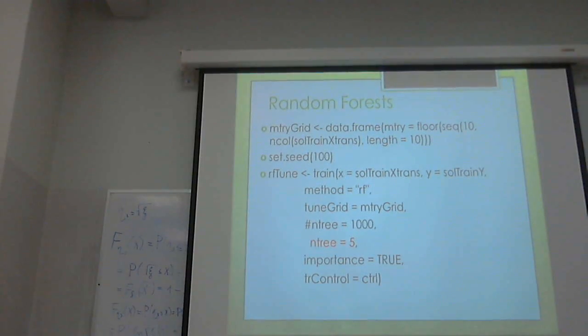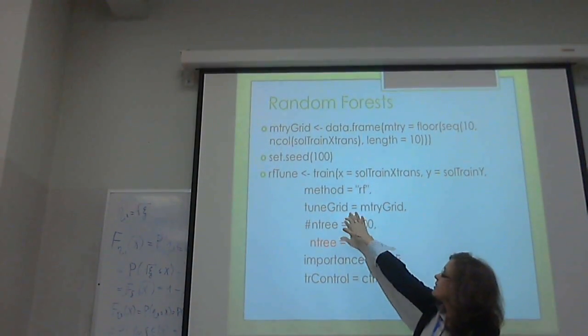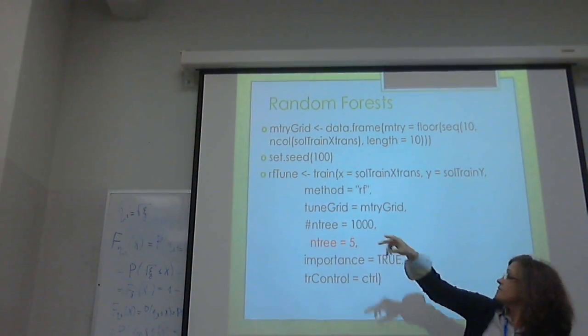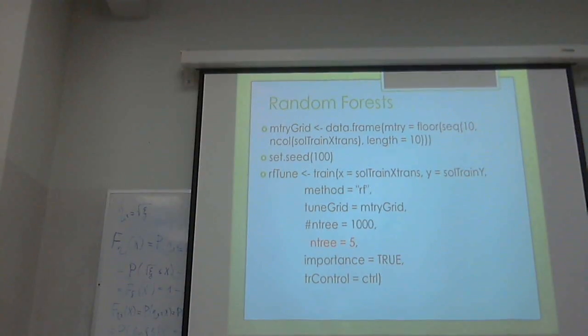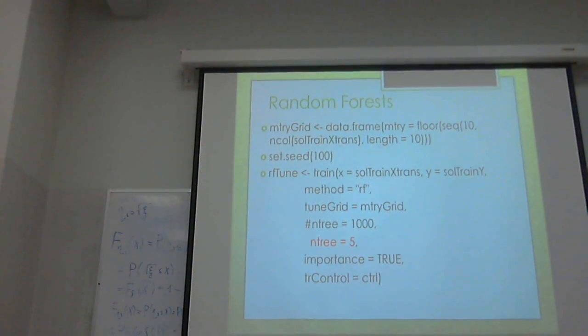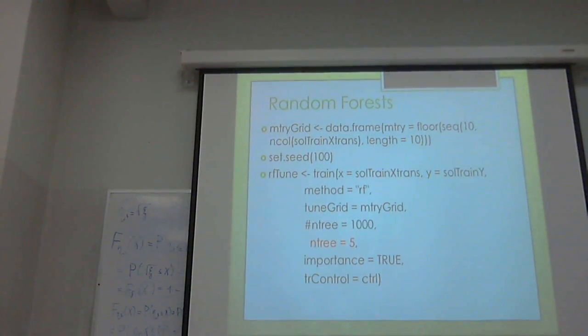That would be the tuning parameters, tuneGrid. TuneGrid is about tuning parameters. That's where the method rf means random forest. And we'll try different numbers in the tuning grid, different numbers of random predictors. So we took the sequence.